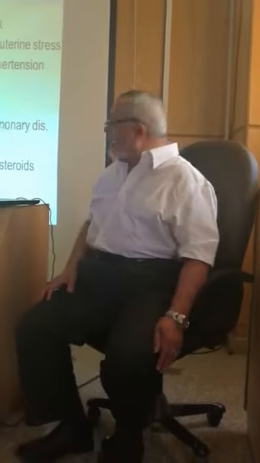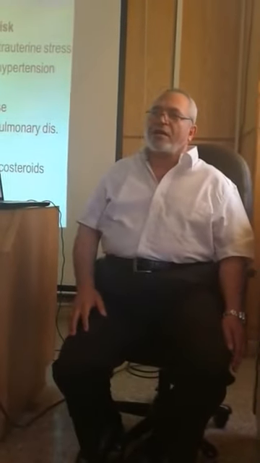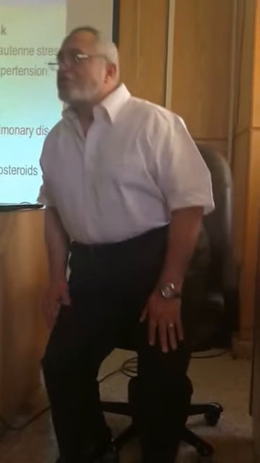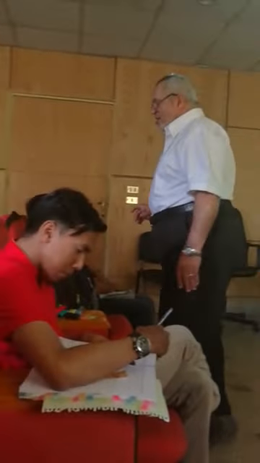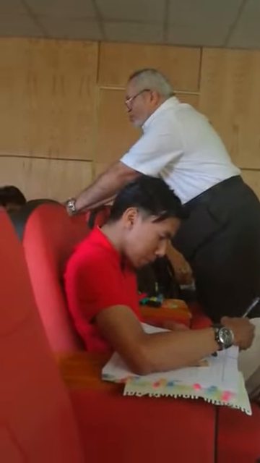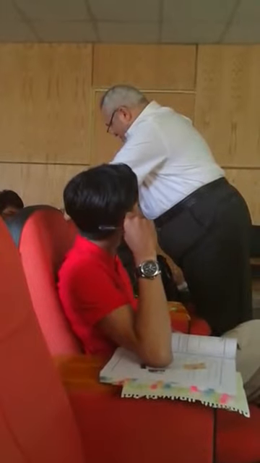It's very common in preterm. What is preterm? Before 37 weeks. Now we have factors which increase the risk of hyaline membrane disease, and we have other factors which can decrease the risk of hyaline membrane disease.